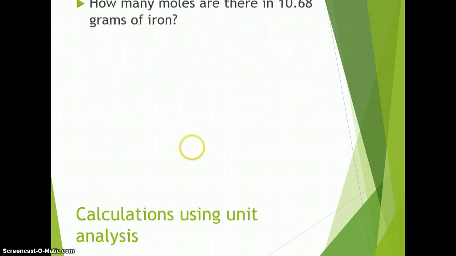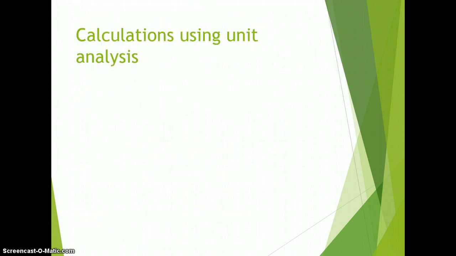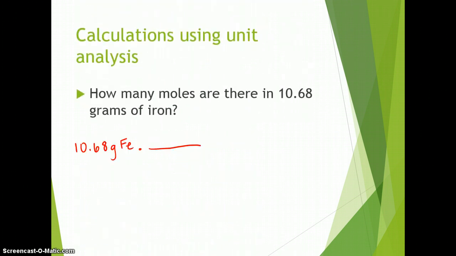If we want to get rid of grams, we're going to put grams on the bottom. And if we want to convert to moles, we're going to put moles on top. Grams of iron, according to the periodic table, are 58.85.